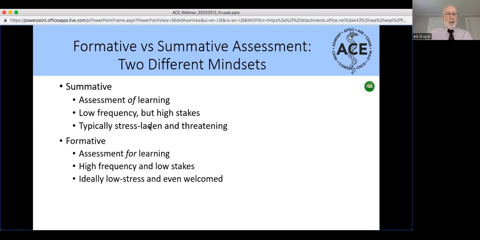If you can have a group of students saying, well, I want to be observed, because how else am I going to learn what I'm good at and not good at? And how else am I going to improve? Then I think you've got a great system. But I don't mean to be pitting summative against formative, and I don't mean for you to think that I'm saying one is better or more important than the other.